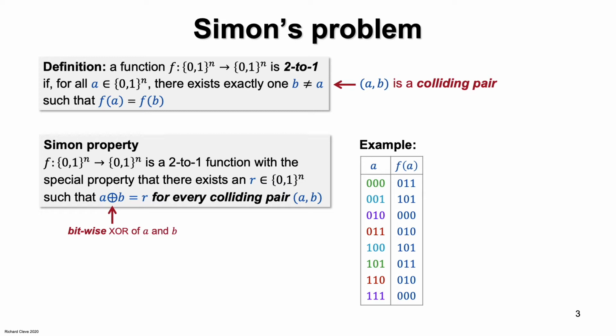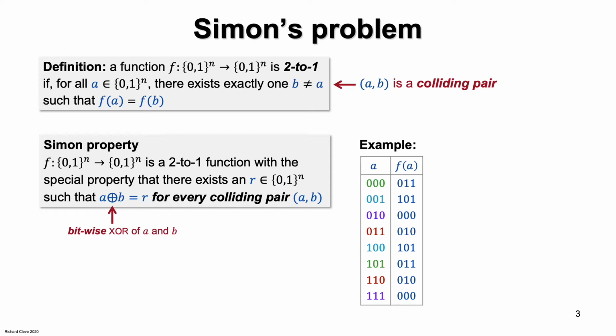Also, the 2 red points, 011 and 110, are a colliding pair, both mapping to 010. And there is a turquoise colliding pair and a purple colliding pair. Okay, so this is a 2-to-1 function. But it also has the additional Simon property.